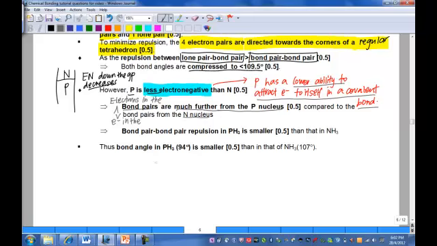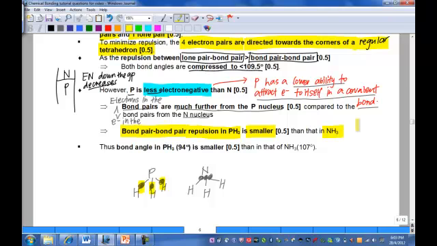What it means is simply this, your P. Since the electrons are less attracted to the phosphorus, you notice that the electrons are further away from P, whereas for NH3, because it has a higher electronegativity, it will attract electrons to itself more. They are closer. So very clearly, because the electrons in the bond pairs are further away from P, the bond pair repulsion in PH3 will be smaller than that in ammonia.